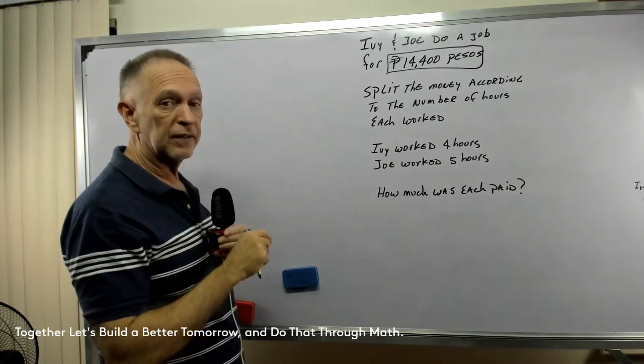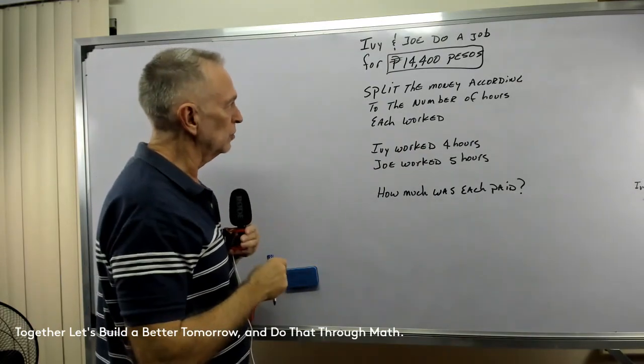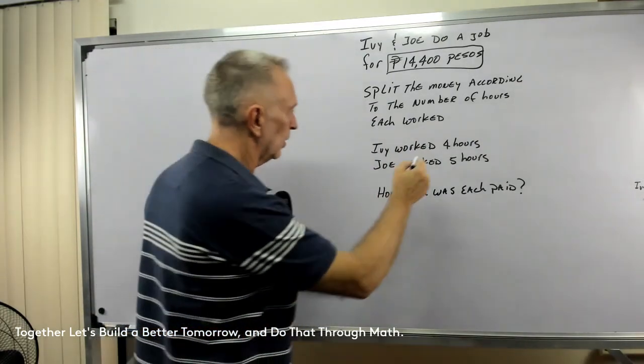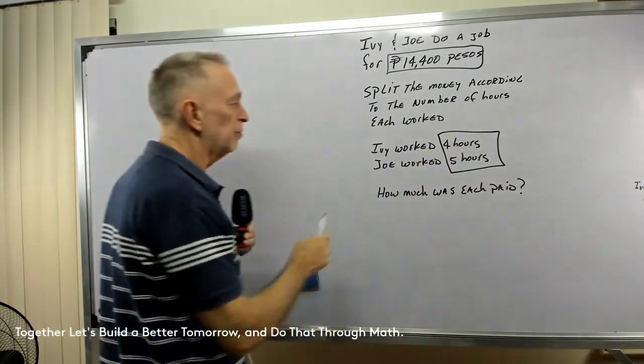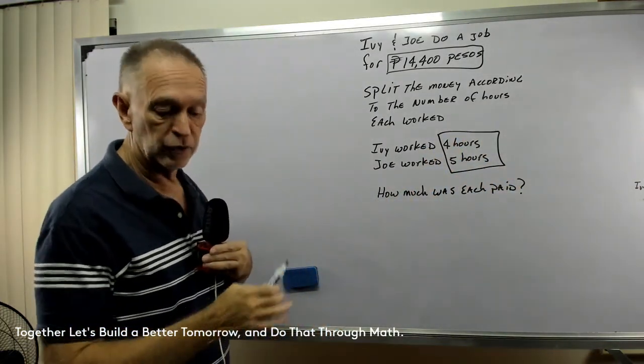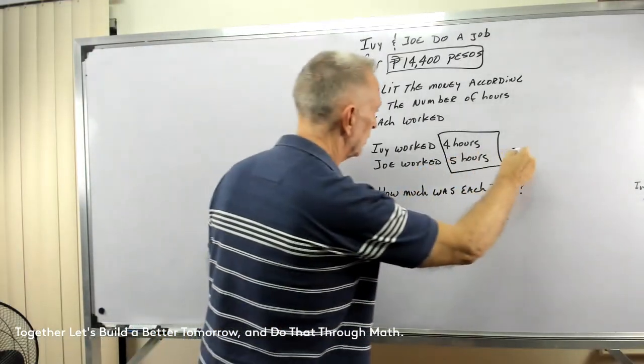The best way to do something like this, we know the total money that was given for the job was 14,400 pesos. We also know that the total hours worked would be 4 plus 5, which would be 9 hours.